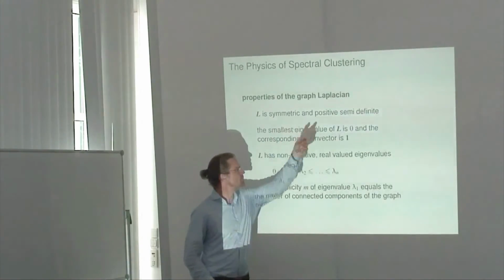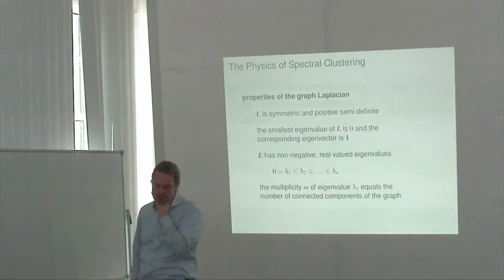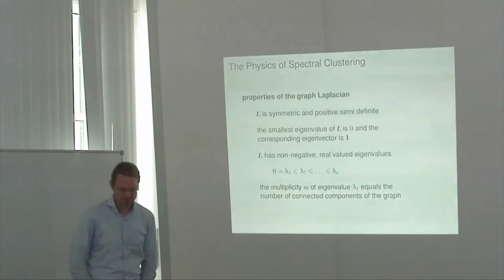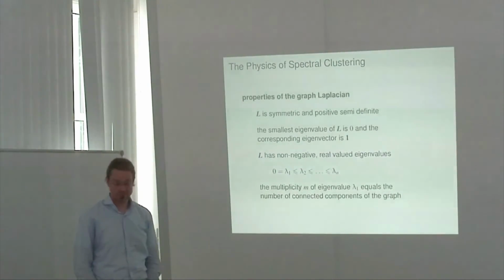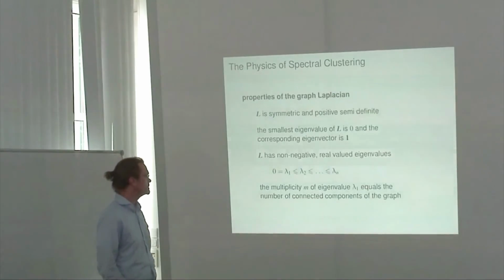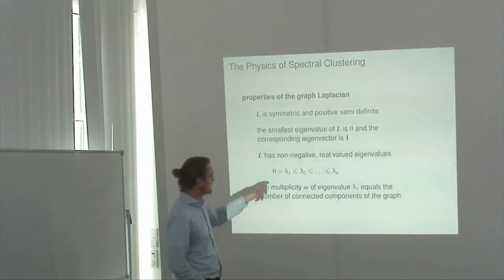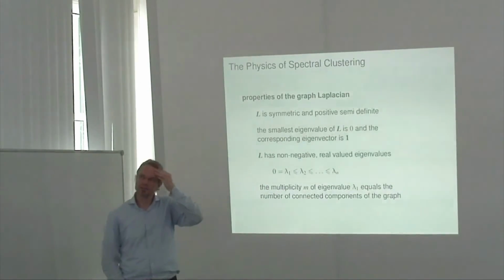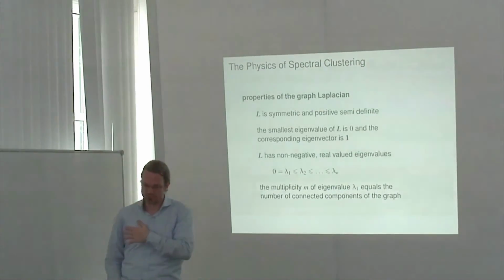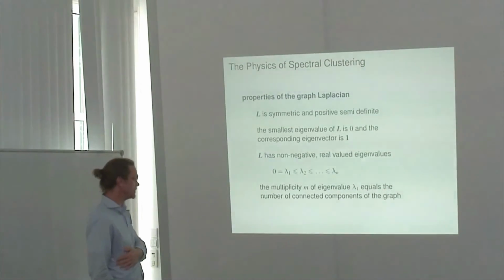Because of these properties, we know that the eigenvalues are non-negative, and we can order them. Sometimes it may happen that there are a couple of eigenvalues with a value of 0.